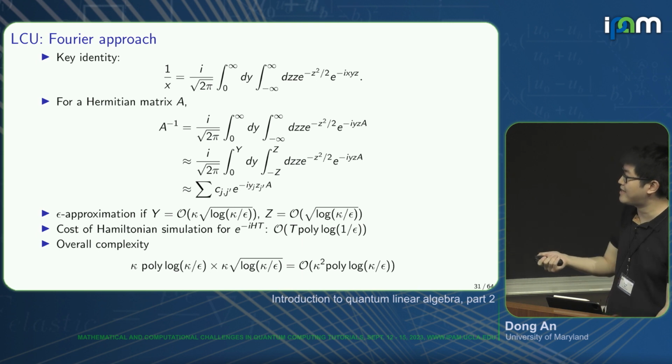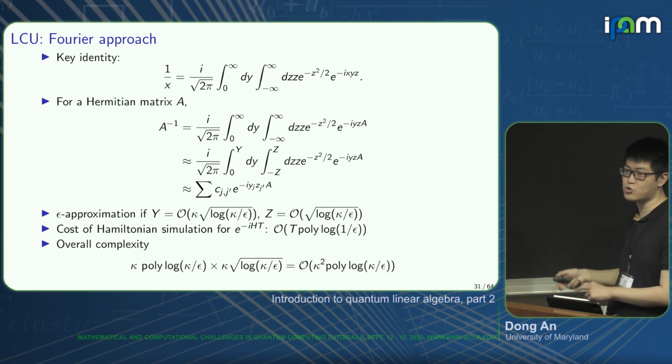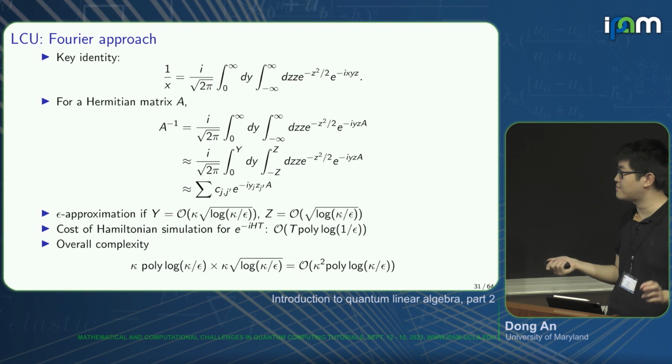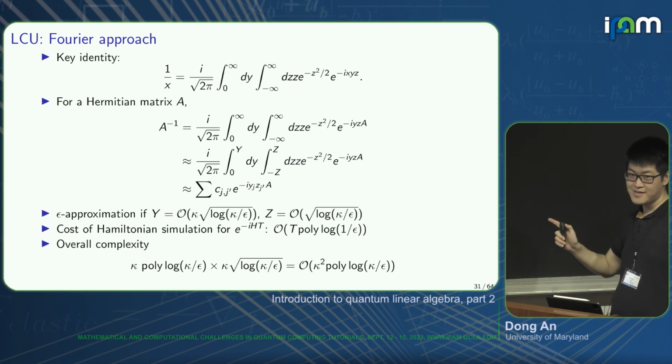If you analyze it carefully, you find that the truncation order for those infinite integrals can be polylog in 1 over epsilon. That translates into the complexity of my final algorithm being polylog 1 over epsilon. So this is a better algorithm compared to HHL.